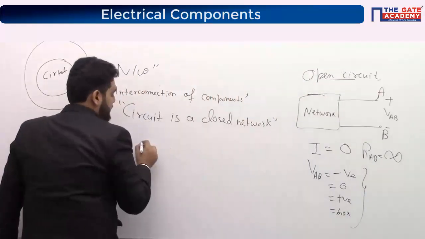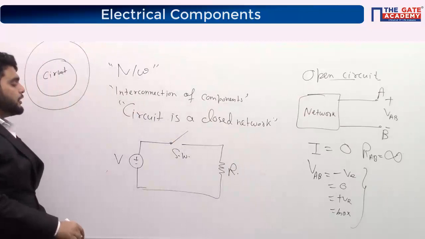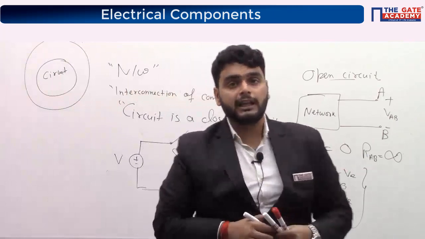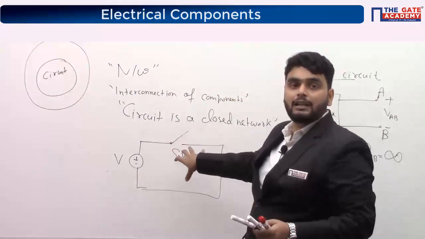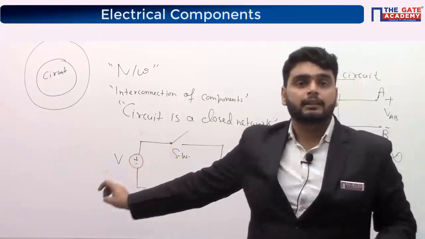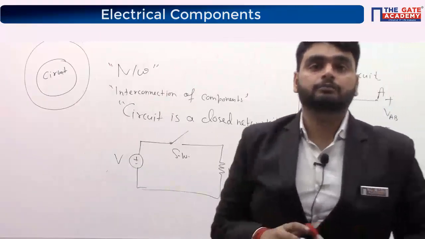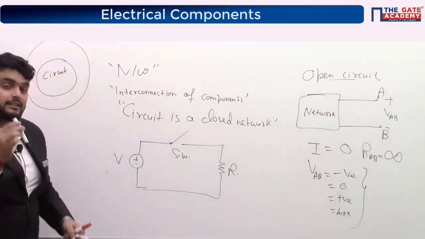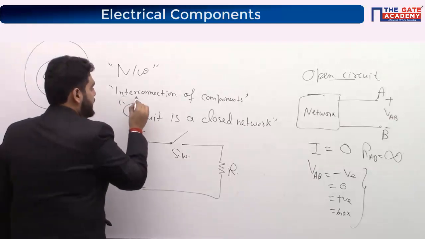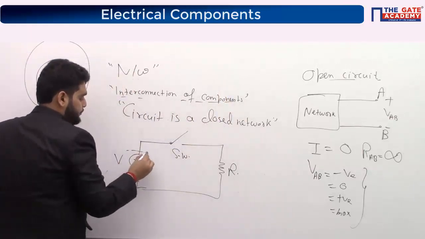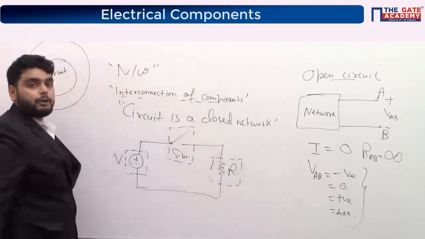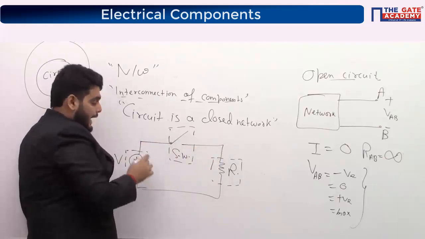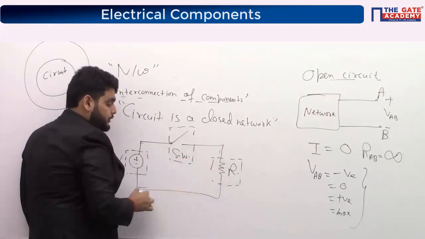So, for example, tell me about this. Is this a circuit or not? It is a network, no doubt, as interconnection of elements is happening. That's the mistake people make in this question. We have three components, all interconnected, and all the interconnection is closed.